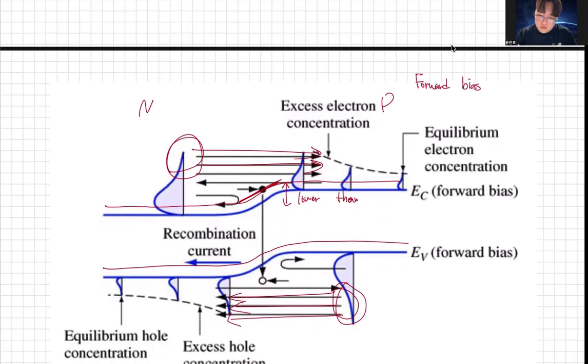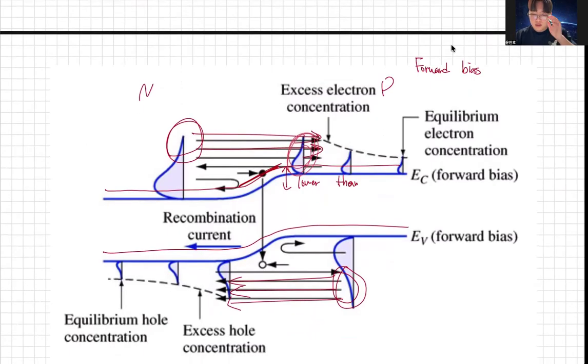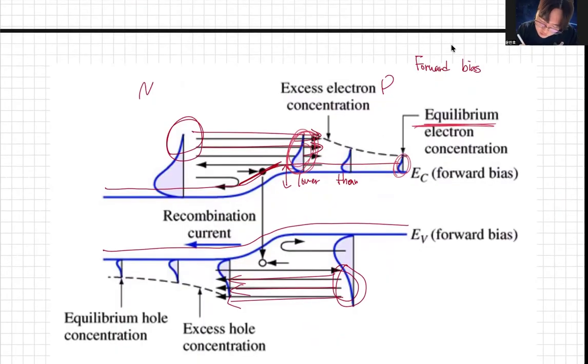So when the hole moves here, there is some electron concentration from the equilibrium situation. The difference between this concentration and this concentration causes some diffusion.